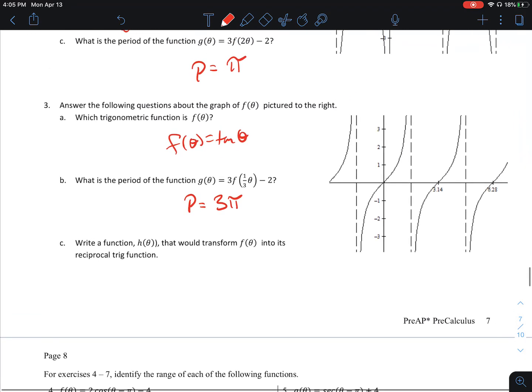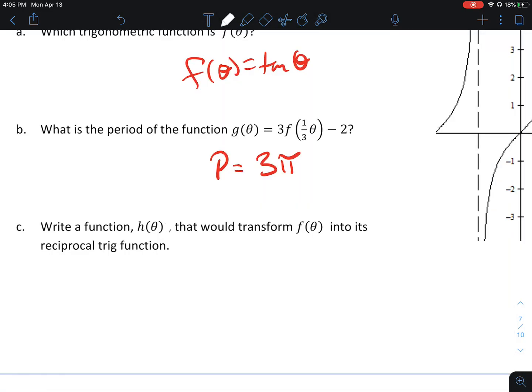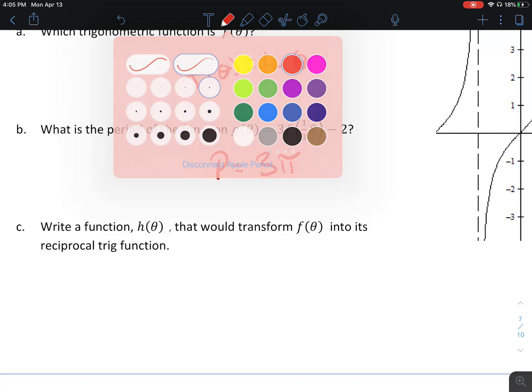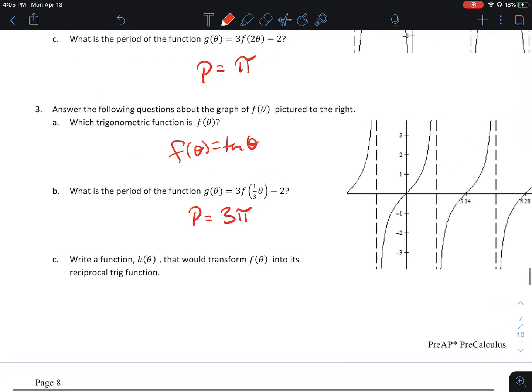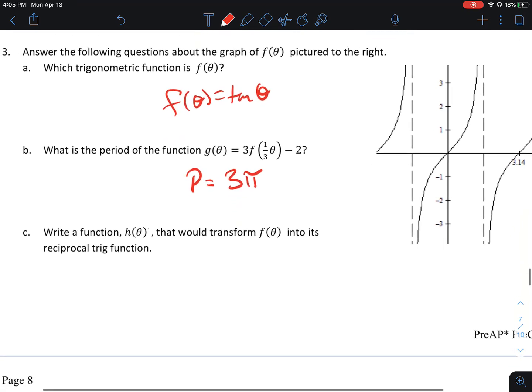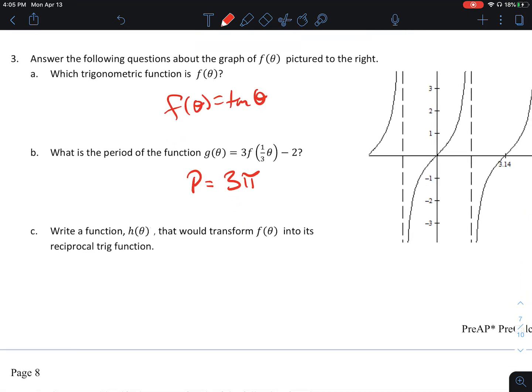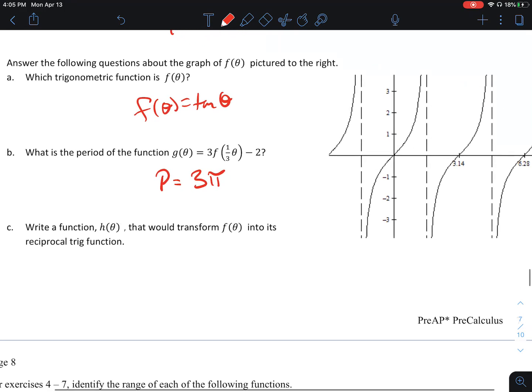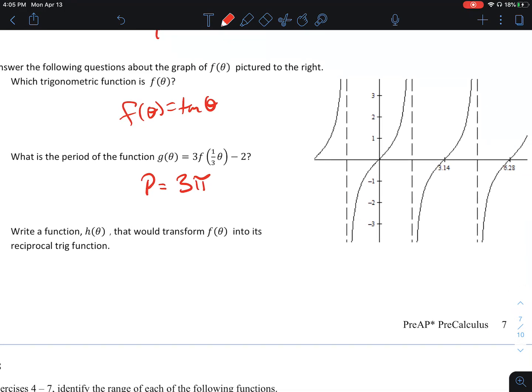Write a function h of theta that would transform f of theta into its reciprocal trig function. Well, let me show you what would need to happen.